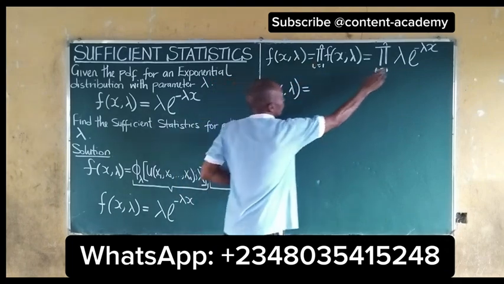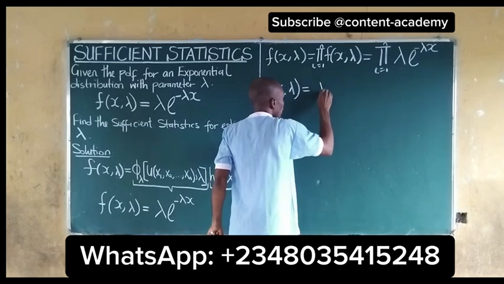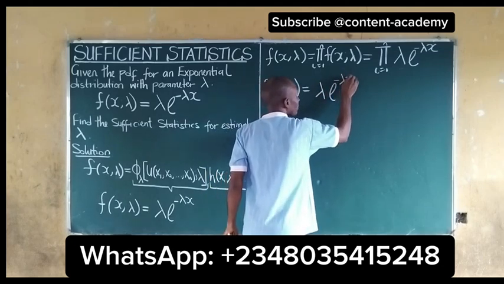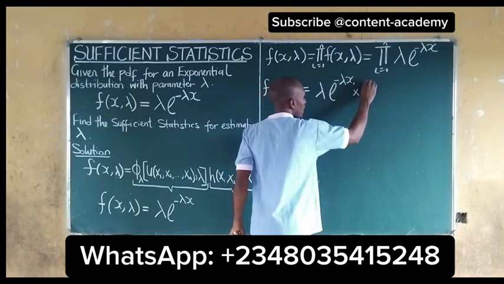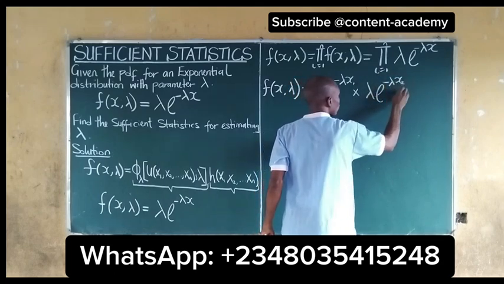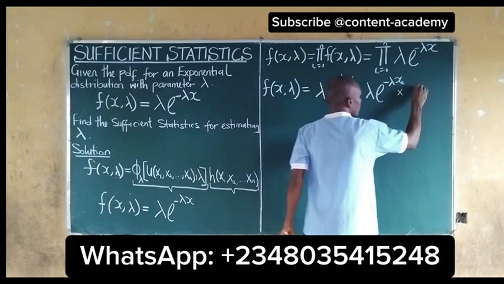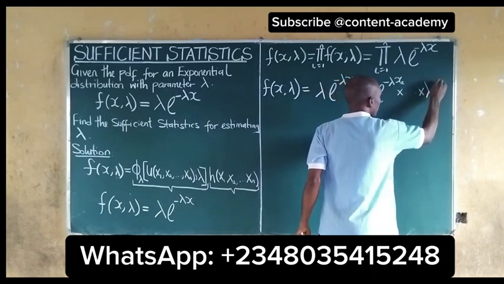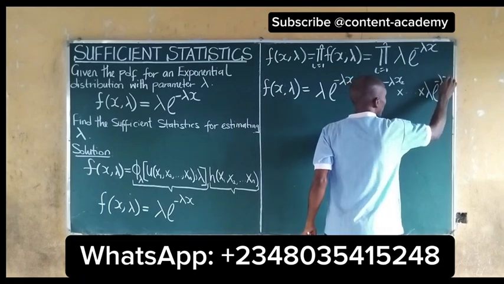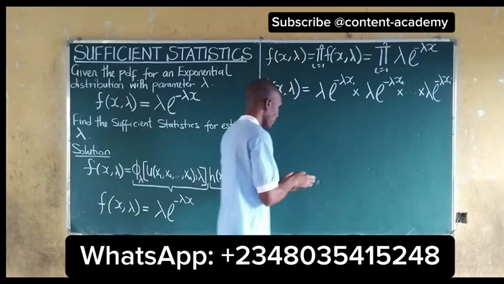Of course, the product sum for this function means the first one, lambda exponential negative lambda x1 multiplied by lambda exponential negative lambda x2 multiplied by, it goes on, lambda exponential negative lambda xi.